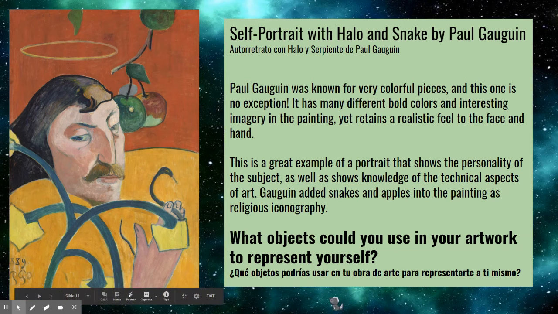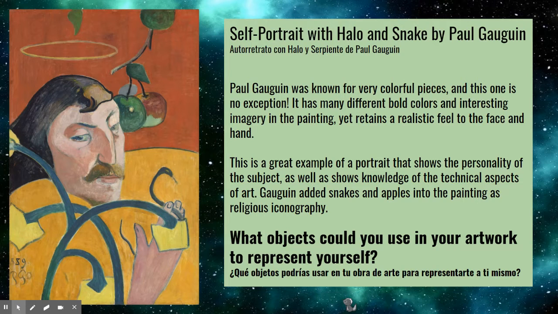So this is a self-portrait with halo and snake, and it's by an artist named Paul Gauguin. Paul was known for his very colorful pieces, and this one was no exception. It has many different bold colors, interesting imagery in the painting. Yeah, the face and the hand are very realistic with the color and the shading.